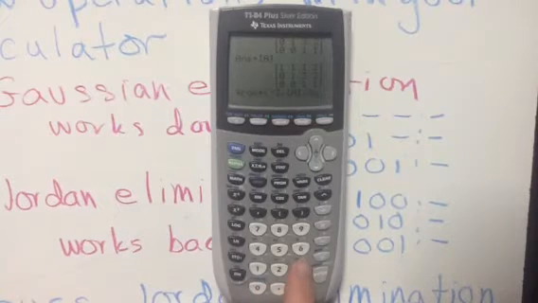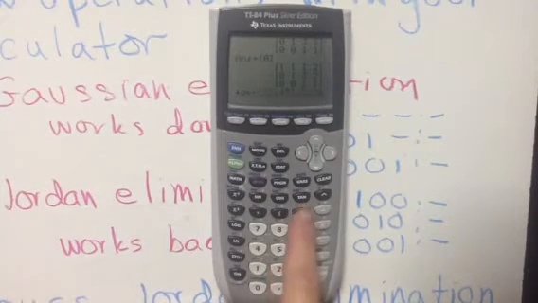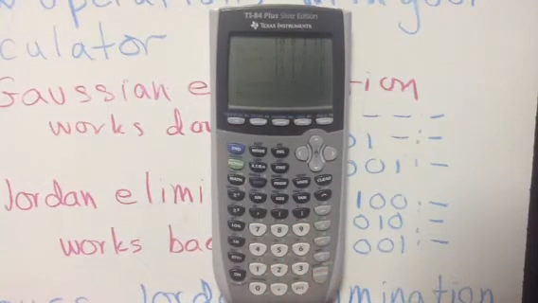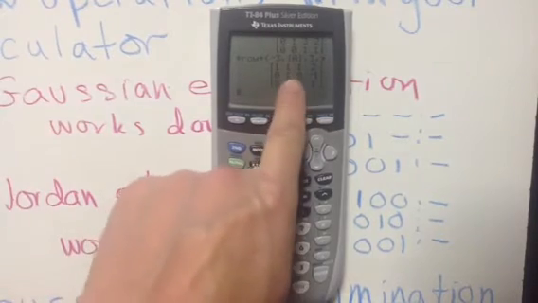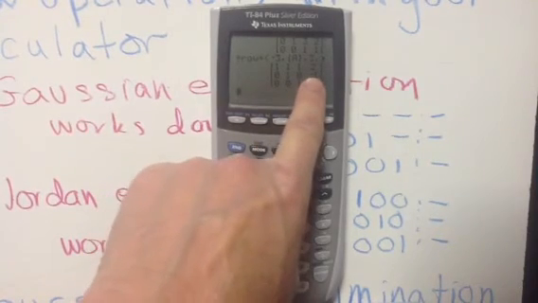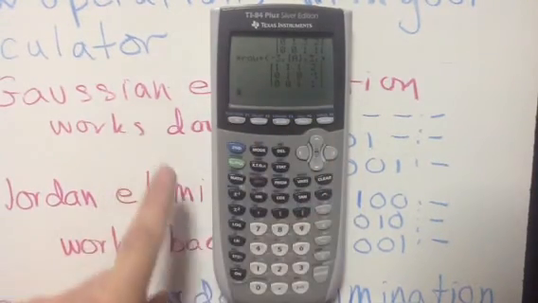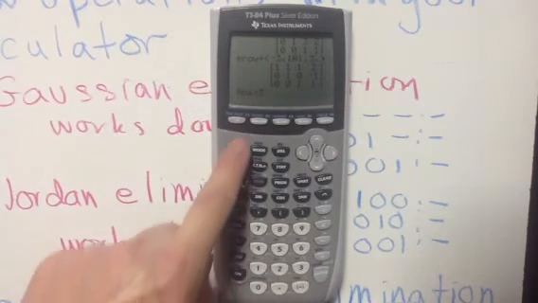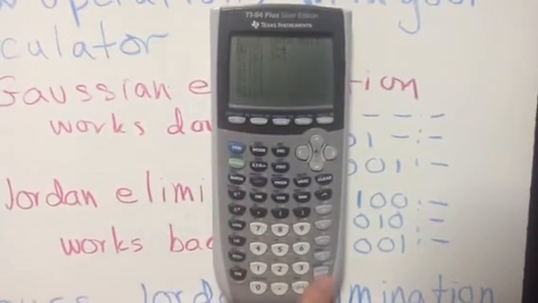That would be row 3. And then what row we're going to add all that to, which is row 2. Close our parenthesis, press enter. Magic! Now we can see that y is equal to -1. Let's save this matrix. Store matrix A.